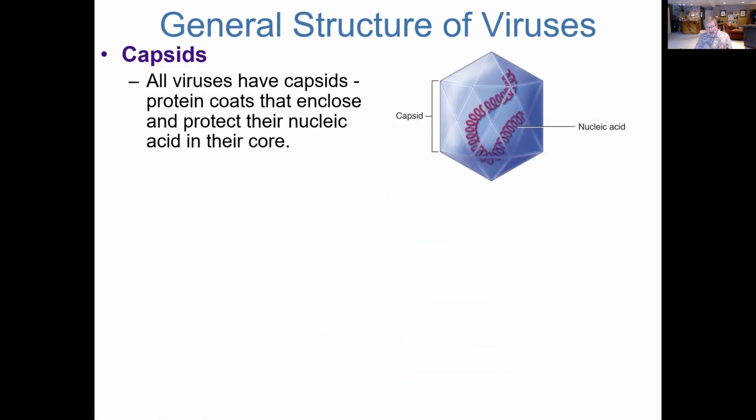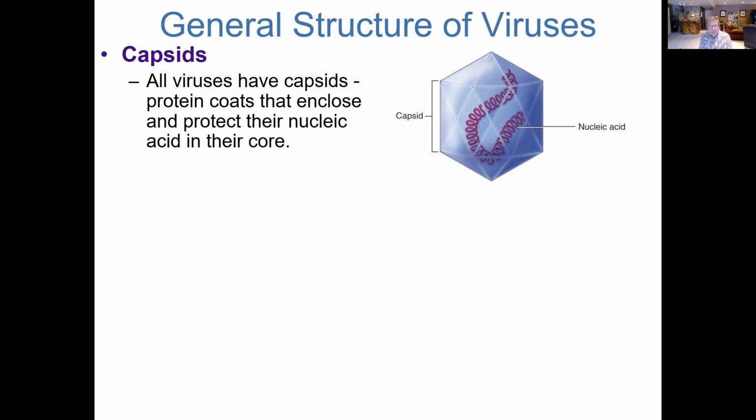Now, does it get complicated? Yeah, as we're going to see in a few minutes, there are different kinds of protein coats, if you will. There are different kinds of nucleic acids. When we say nucleic acid, we're talking DNA and RNA. Hope you know that, right? So let's start off with the outer covering and talk a little bit about this outer protein coat called a capsid.